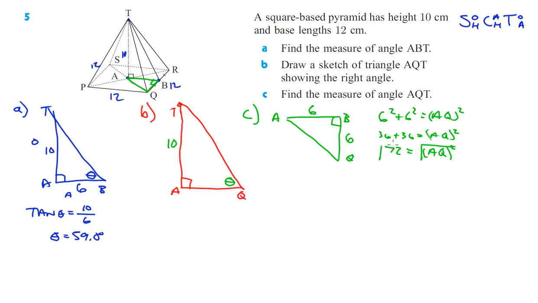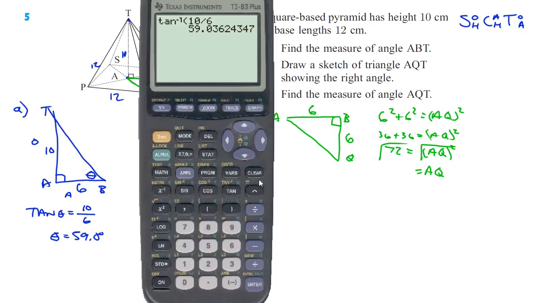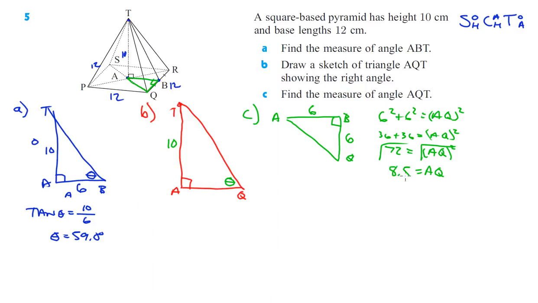So we square root both of those, and we get that side AQ is going to be equal to the square root of 72. So second square root 72, and we get 8.48, so we'll call that 8.5 is AQ. So that's 8.5, right?